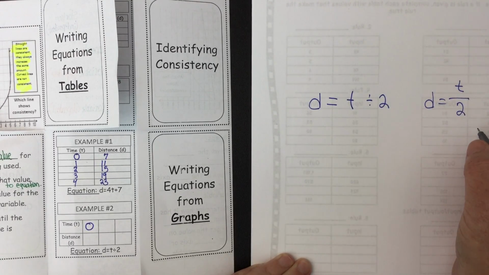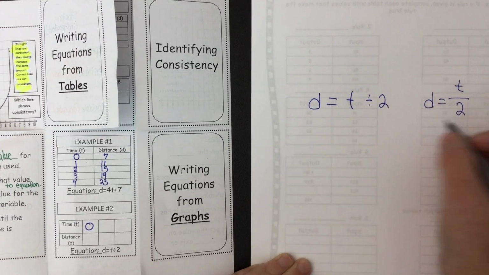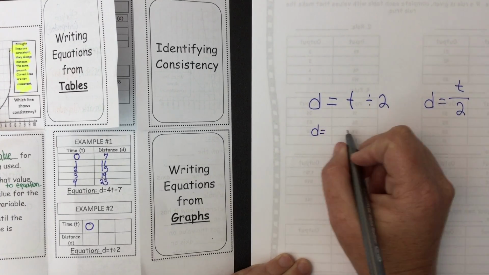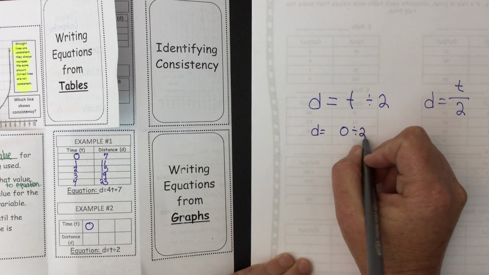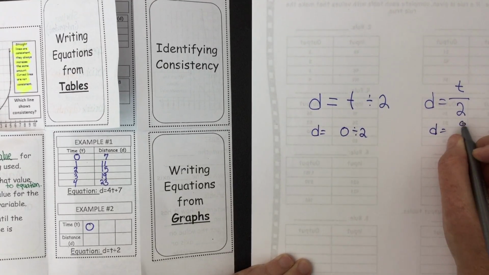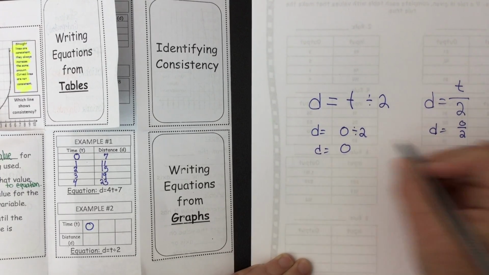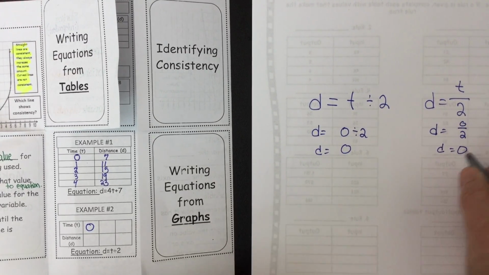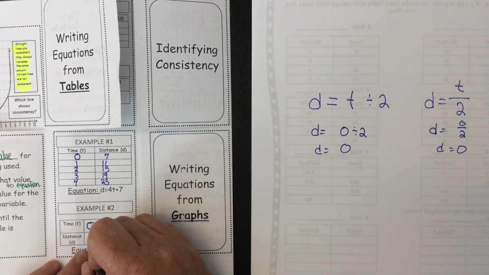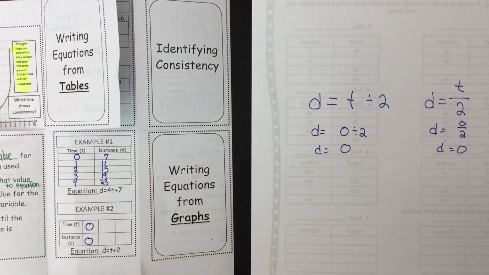First one or second one? First, second. I'll do it both ways. How's that? 0 divided by 2. What is 0 divided by 2? 0. Very good. So when time is 0, distance is 0.